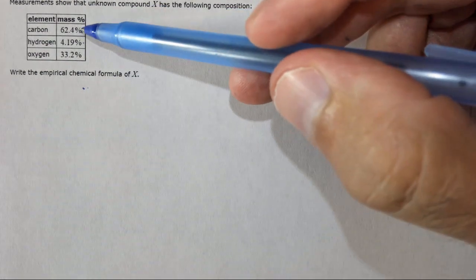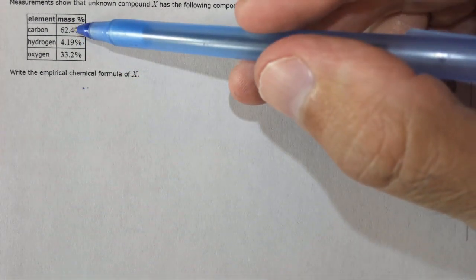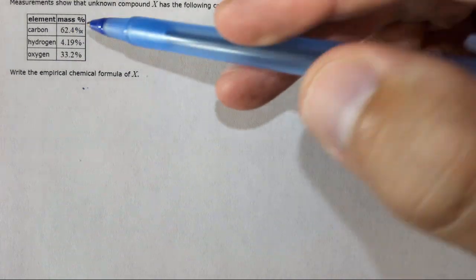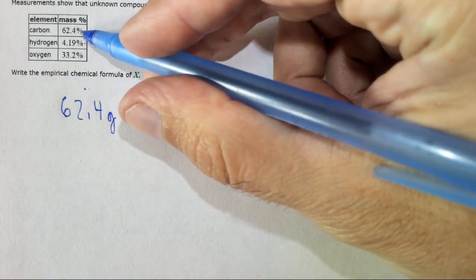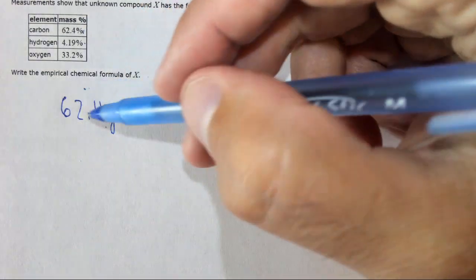The easiest way to do that is to assume we have 100 grams of the compound, because the percentage is the part out of 100. So if we had 100 grams of the compound, it would contain 62.4 grams of carbon, because it's 62.4%, which means 62.4 out of 100. So 100 grams gives us 62.4 grams of carbon.